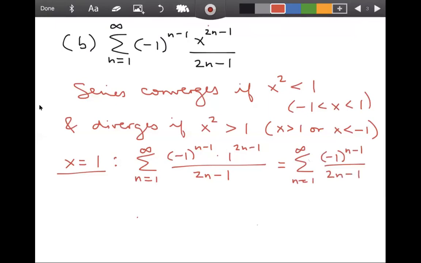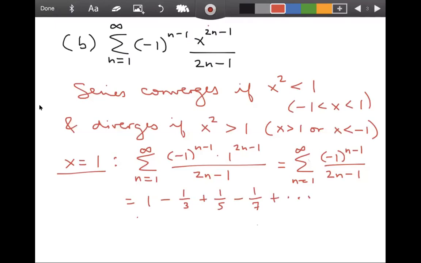All right, so what is this series? Well, I think it's going to be 1 minus 1/3 plus 1/5 minus 1/7, et cetera, et cetera. Okay, so I don't have a name for this series, but this one is also going to converge by the alternating series test.